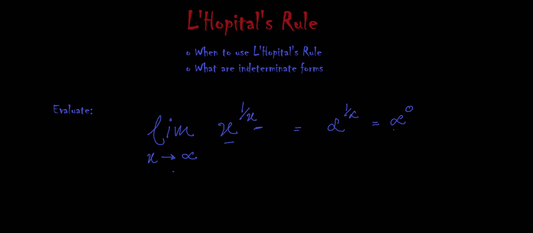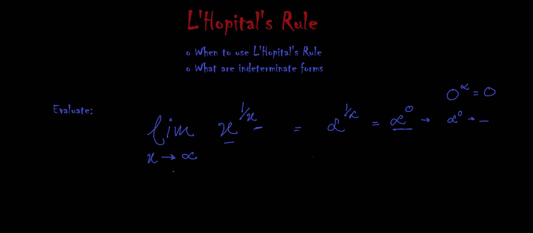We don't know the value of infinity to the power of 0. I mean, we know the value of 0 to the power infinity, which is 0, but we don't know the value of this. So this is called an indeterminate form. Infinity to the power 0 is called an indeterminate form.